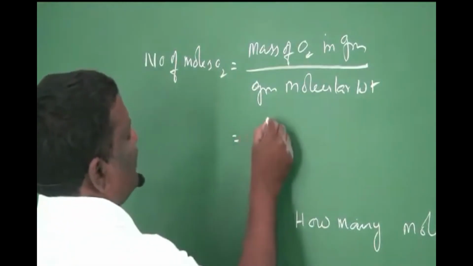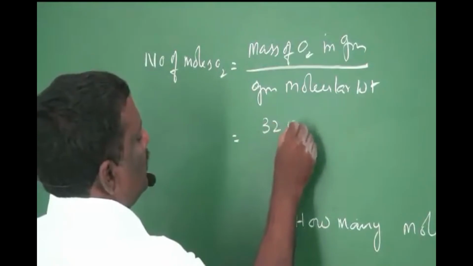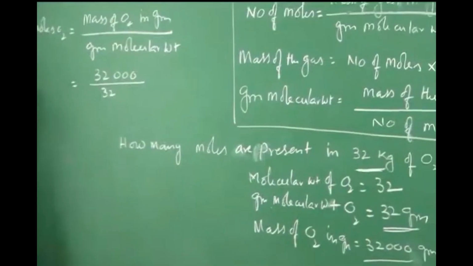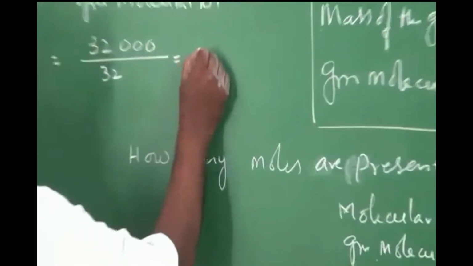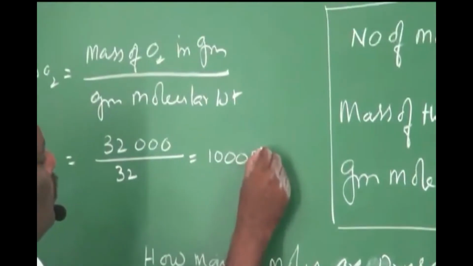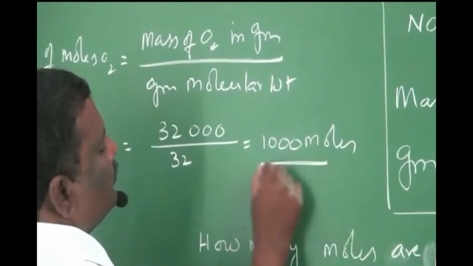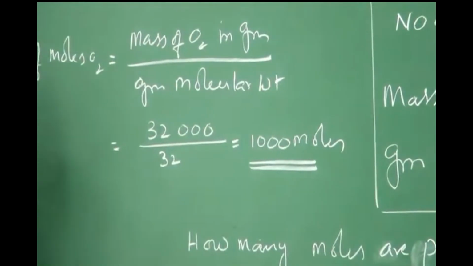So, mass of the gas in grams is equal to 32,000. Then what is the gram molecular weight of oxygen? The gram molecular weight of oxygen is 32 grams. So 32,000 by 32 is equal to 1000 moles. Most of the students will get confused in this aspect only.